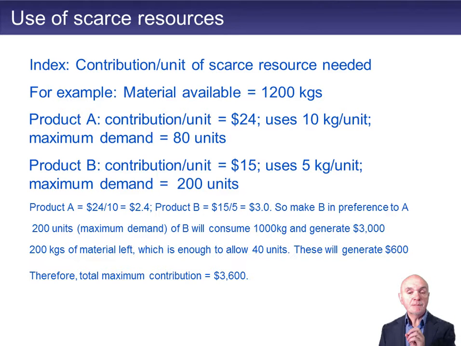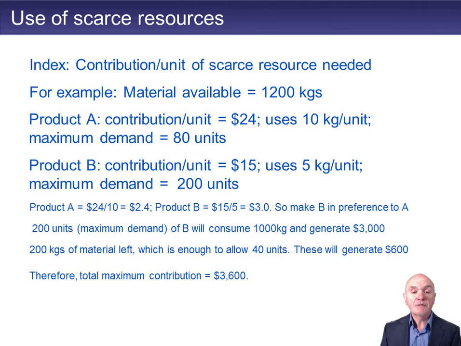Every kilogram of this material, this precious material that we give to product B, is earning 3. And 3 per kilogram is better than 2.4 per kilogram. So our best strategy is to make as much as you can, or as much as is needed, of product B. So therefore make the maximum demand of product B, 200.